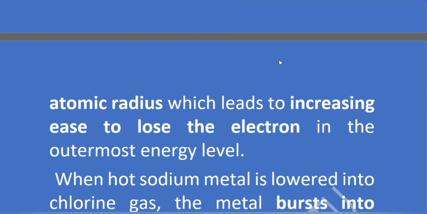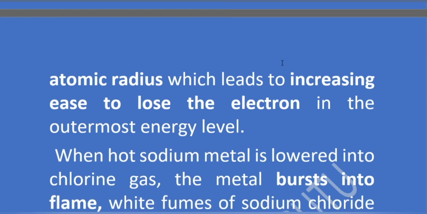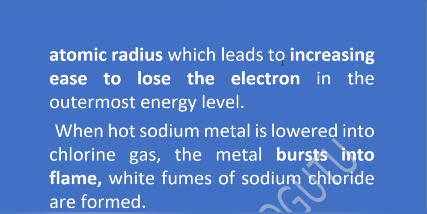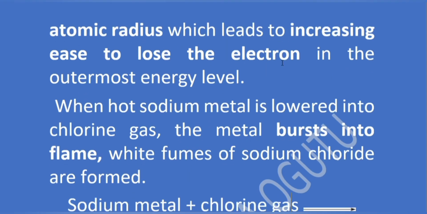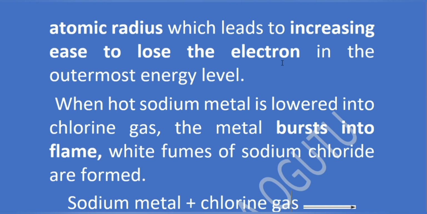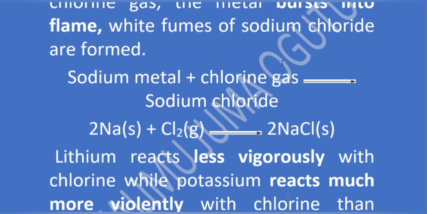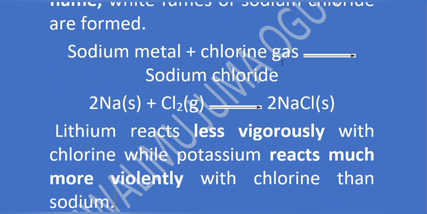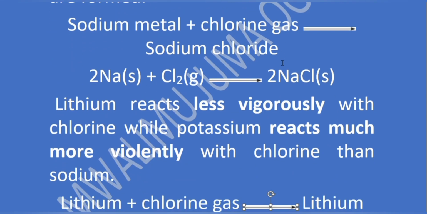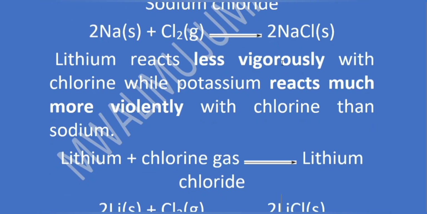Now, reaction with chlorine. Alkali metals react with chlorine gas to form the corresponding metal chloride. The reactivity of alkali metals with chlorine increases down the group. This is because of the increase in atomic radius, which leads to increasing ease of losing the electron in the outermost energy level.